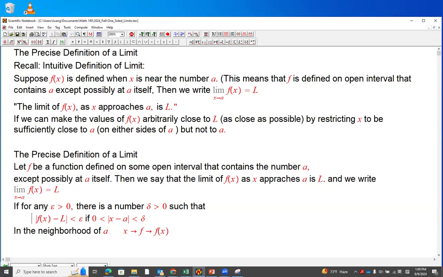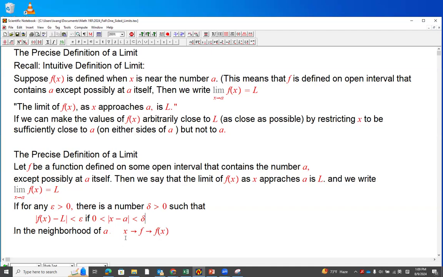For any epsilon, so epsilon describes how close the function value is to the limit. And that can be realized because if you have output, you must have input to support those outputs. So those inputs can be identified, and those inputs are going to be in a certain interval. That interval is in the neighborhood of a.